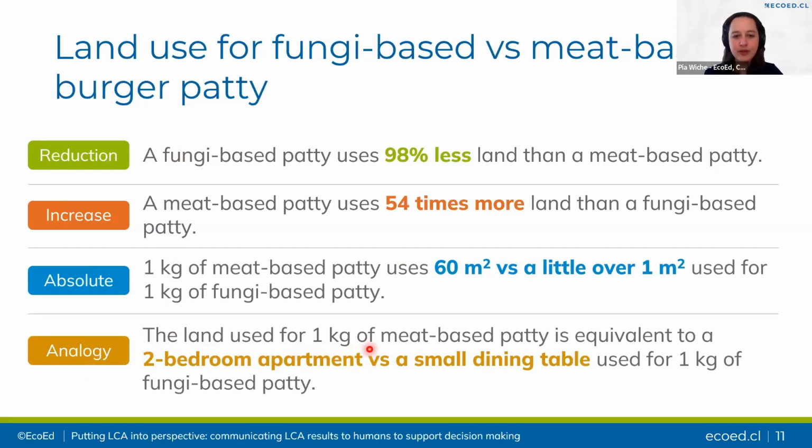He said the land used for 1 kilogram of meat-based patties is equivalent to a 2-bedroom apartment versus a small dining table used for 1 kilogram of fungi-based patty. So even if the numbers don't make sense, comparing a small dining table to a 2-bedroom apartment is gonna make sense for the consumer. And this is the kind of thing that we do that helps us communicate.